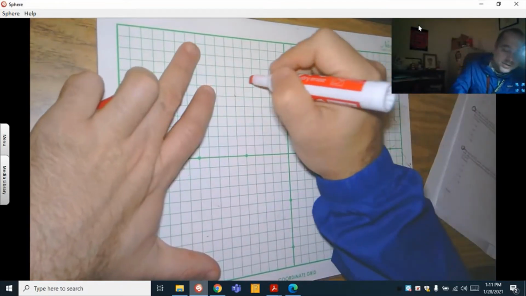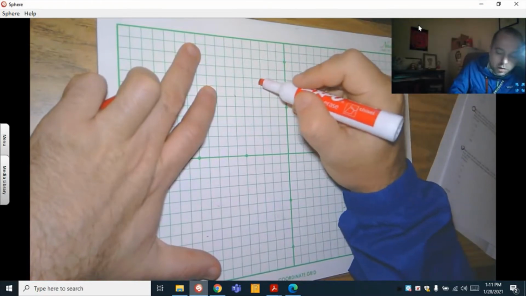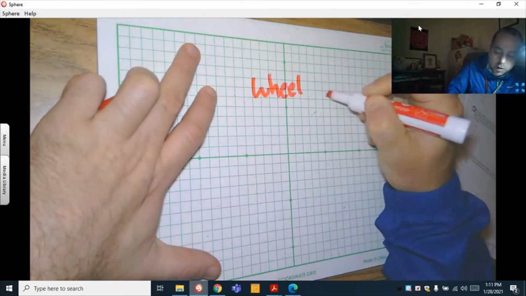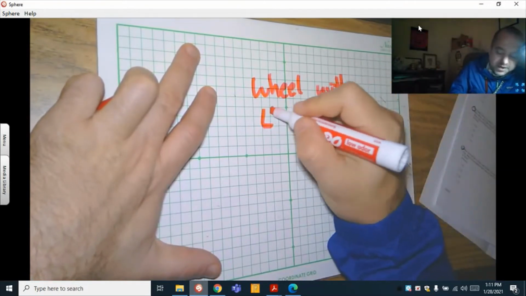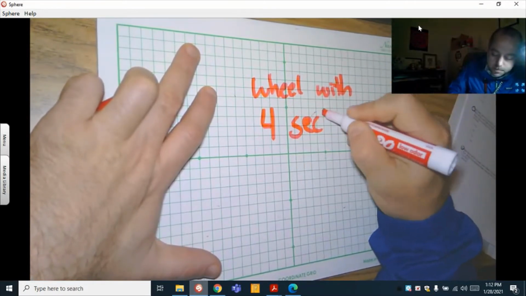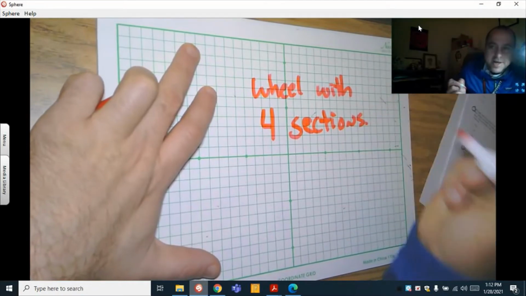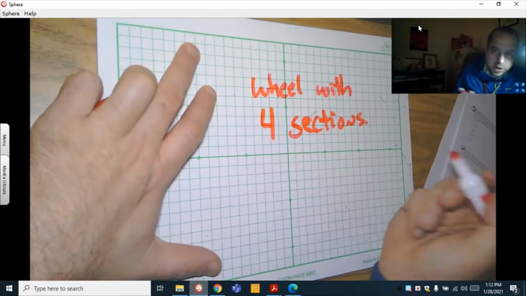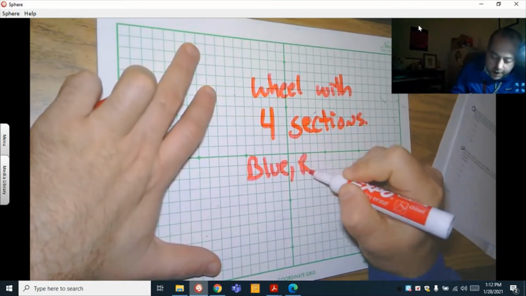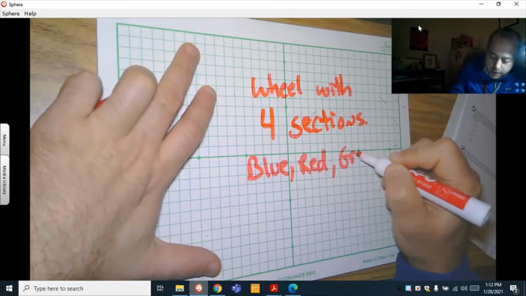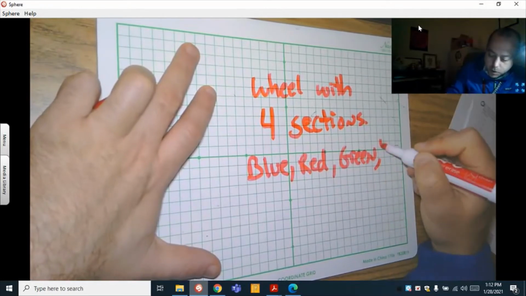Let's say we have a wheel with 4 sections, so you can land on 4 things. Let's say you can land on blue, red, green, or yellow.